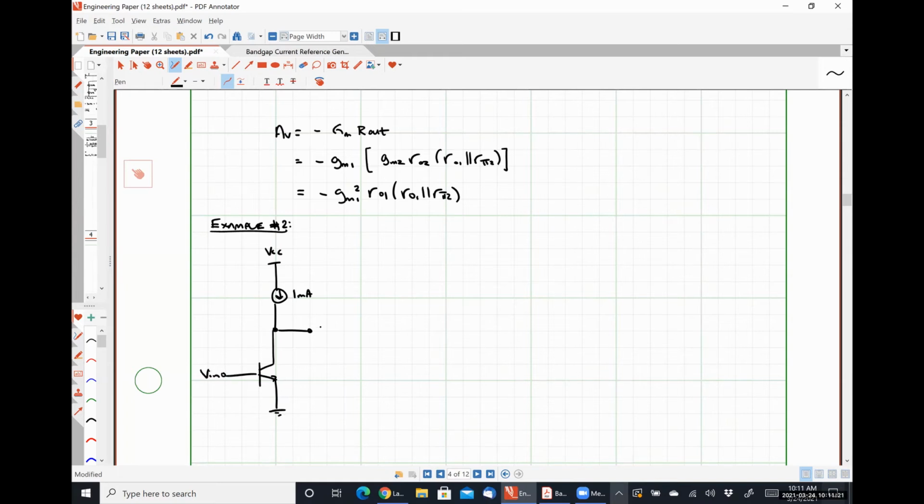So this guy is nothing more than a simple common emitter amplifier.